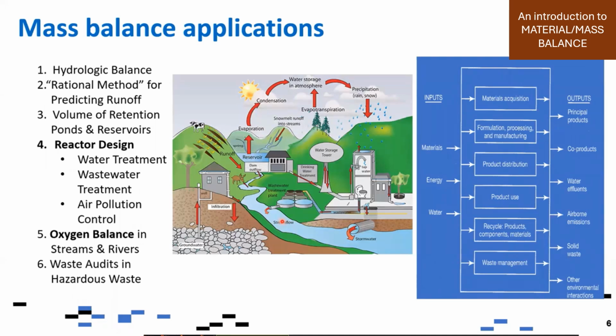The fish in the river will eventually die because they need oxygen. That's why we also need to know the mass balance of oxygen in water, especially if you are trying to dispose of organic materials or biodegradable materials that can affect the overall balance of the oxygen in that specific area.